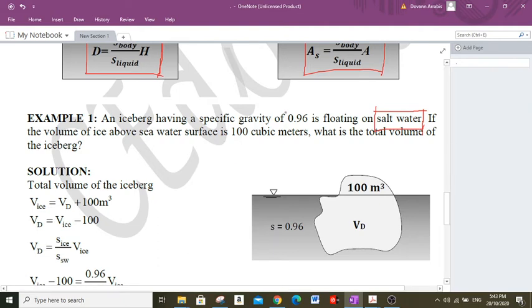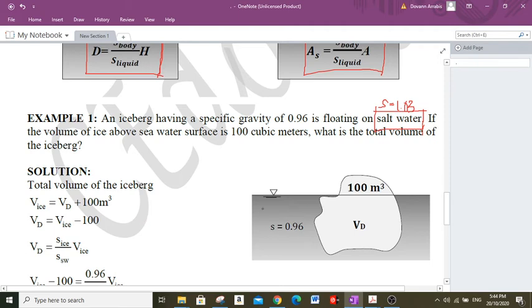Since the specific gravity of ice is less than the specific gravity of salt water, which by the way is equal to 1.03, we will expect that some of the volume of the object will be exposed.